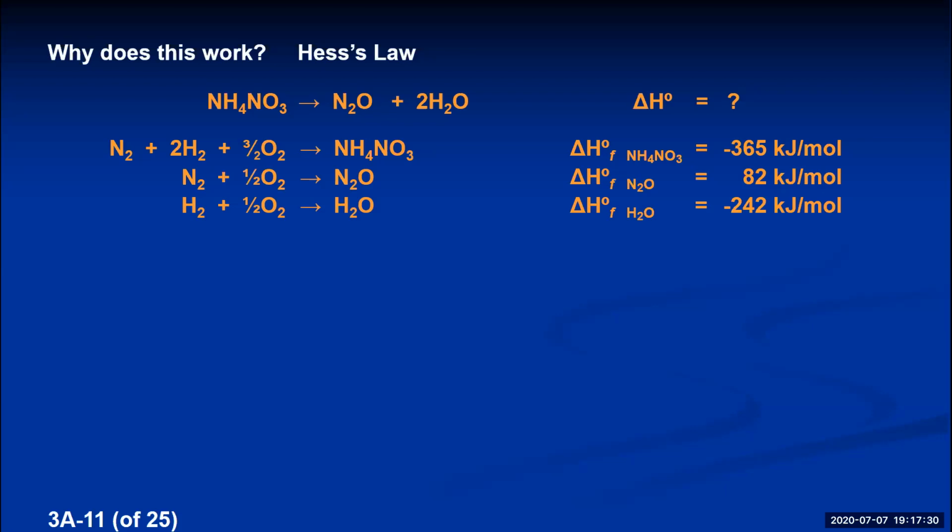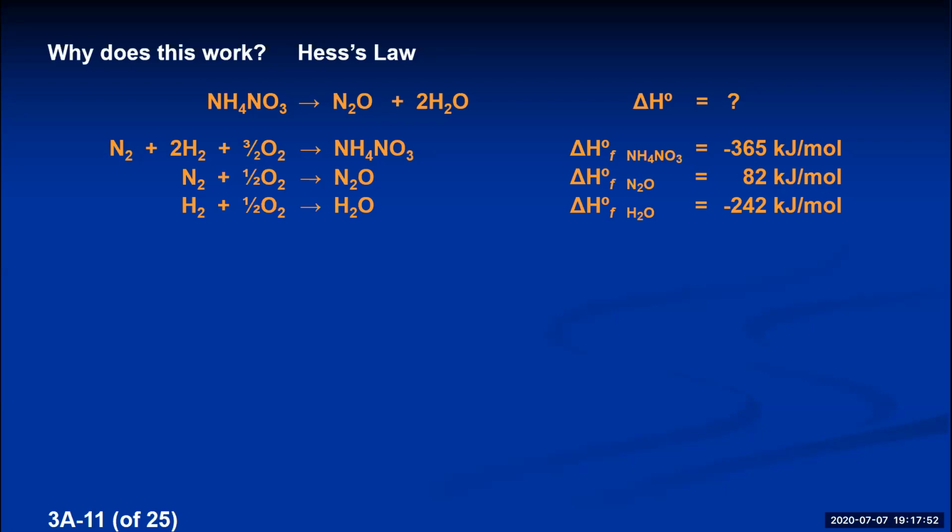So what Hess's law is that if you know the delta H values for a series of reactions, and we know 3 of them here, if you can make those 3 reactions add up to the reaction at the very top, then all you have to do is add their delta H's together. So if you look at the reaction given at the very top, we have NH4NO3 as a reactant.